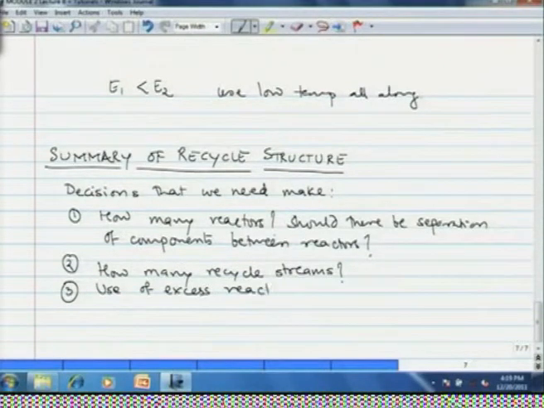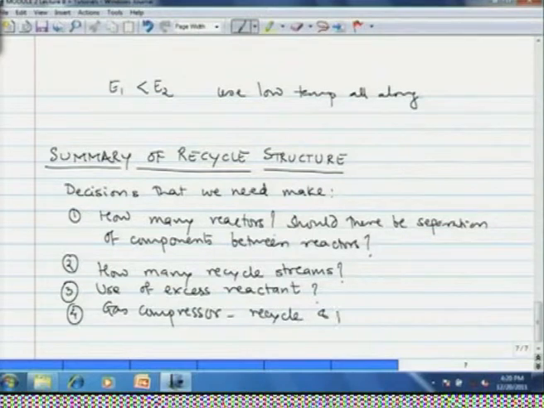Then use of excess reactant so as to force conversion of the limiting reactant to completion or to shift the equilibrium, okay. And then the recycle of the unconverted reactant, okay, the gas compressor. Recycle and purge stream, okay.